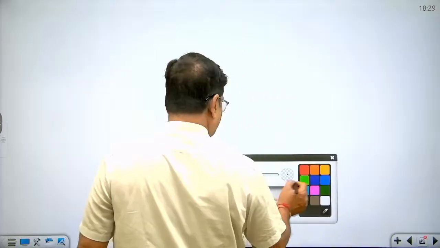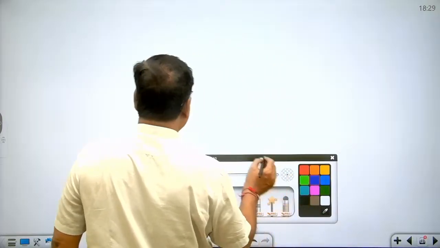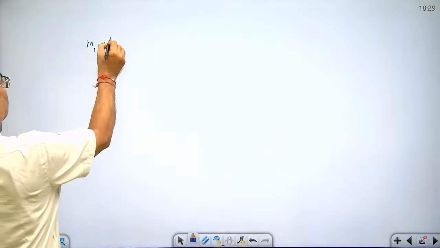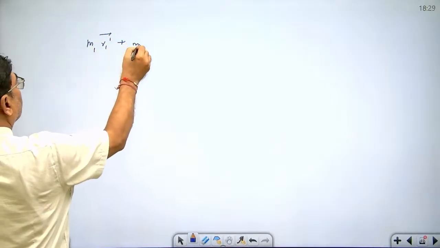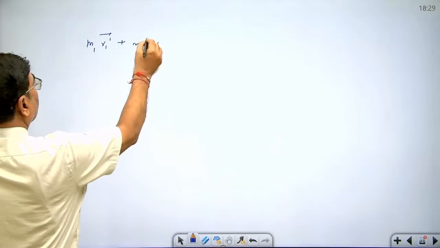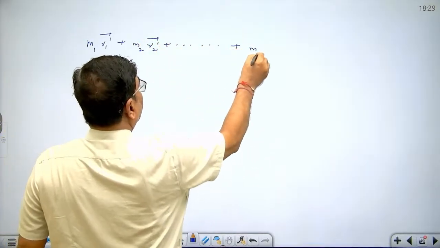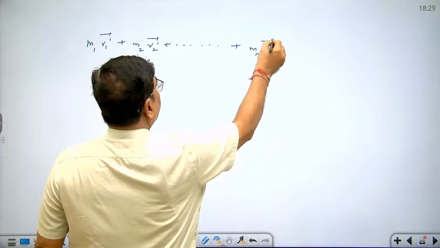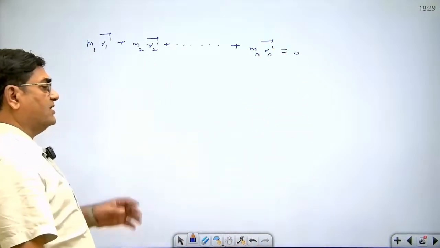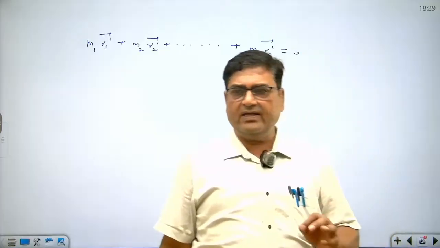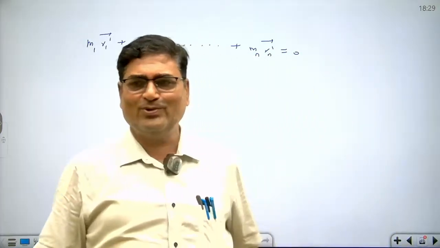The general equation about center of mass we are writing here: M1 R1 dash vector plus M2 R2 dash vector plus dot dot plus Mn Rn dash vector equal to 0. This is the general equation of center of mass, because about center of mass, the vector sum of moment of masses remains equal to 0. Okay.